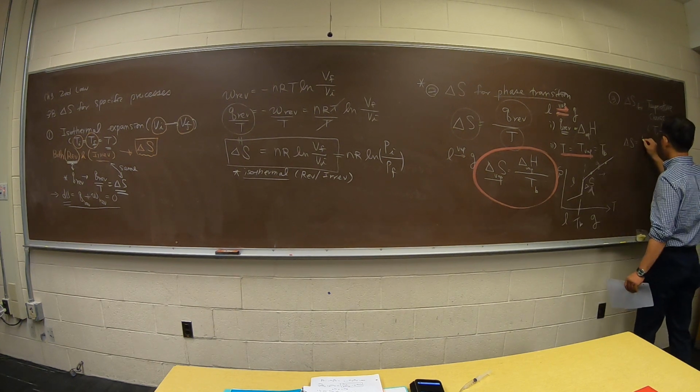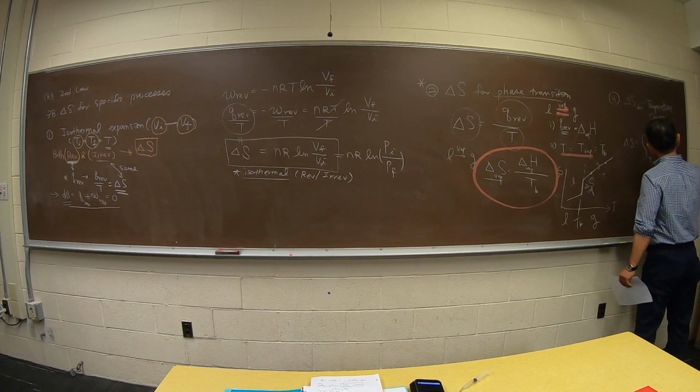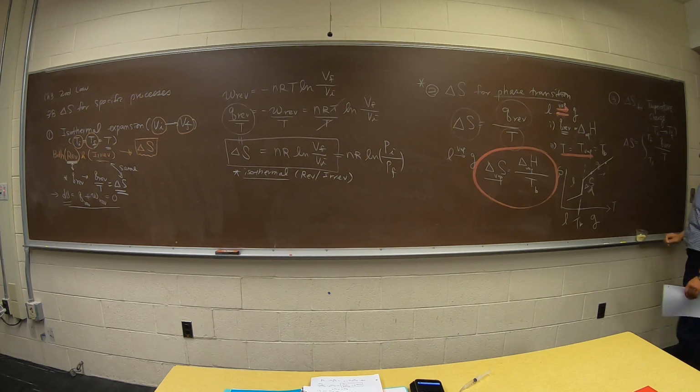which is from initial temperature to final temperature, Q reversible over T. I'm using the same equation, and now I'm trying to figure out how to deal with reversible heat when I change my temperature. This is under a constant pressure situation.